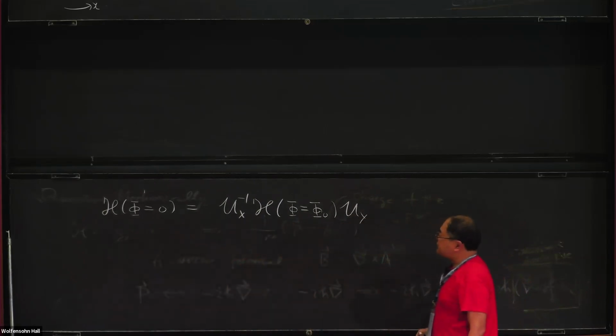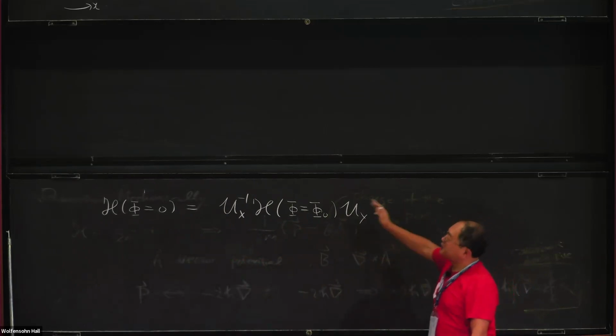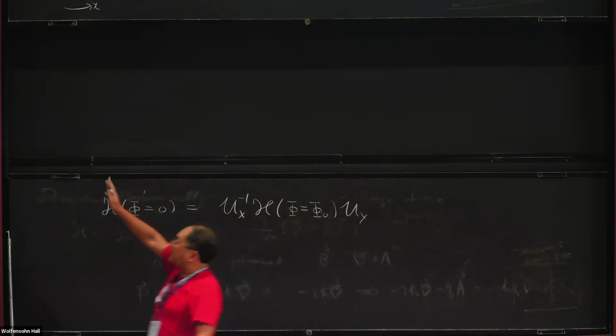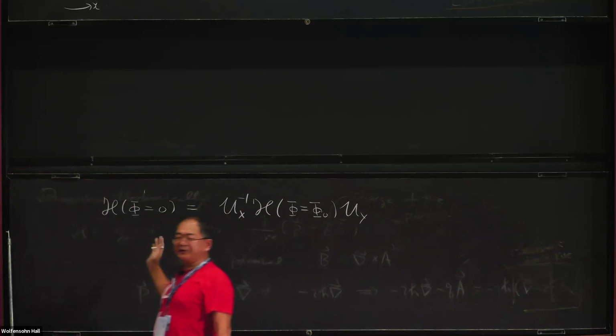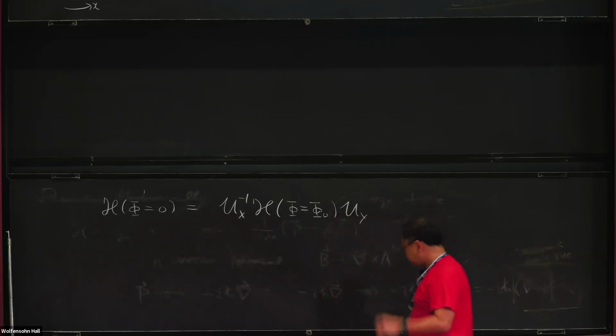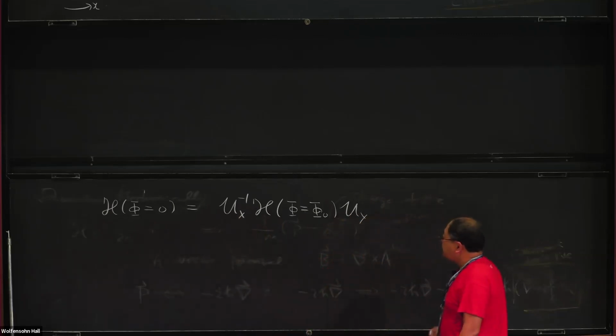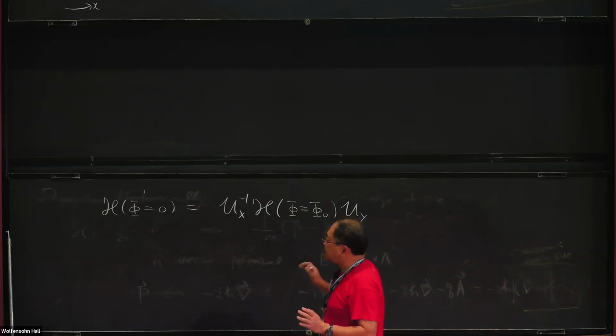So this means that these two Hamiltonians are unitarily equivalent, which explains that the spectrum must be identical, although they are different as operators. So this is called a large gauge invariance.